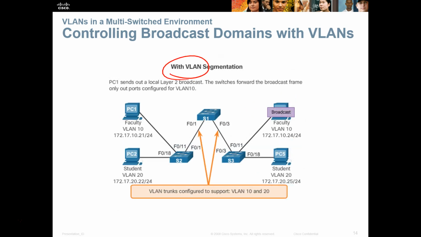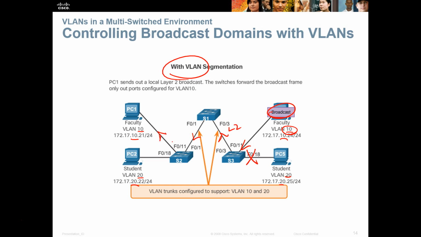Now with VLAN segmentation, you'll notice that these are on different VLANs, different subnets. Okay. So you have a broadcast on VLAN 10, enters the switch. This is VLAN 20, so it doesn't go out this port. This would be a trunk. Trunk would continue, as a layer 2 trunk, to forward the broadcast.